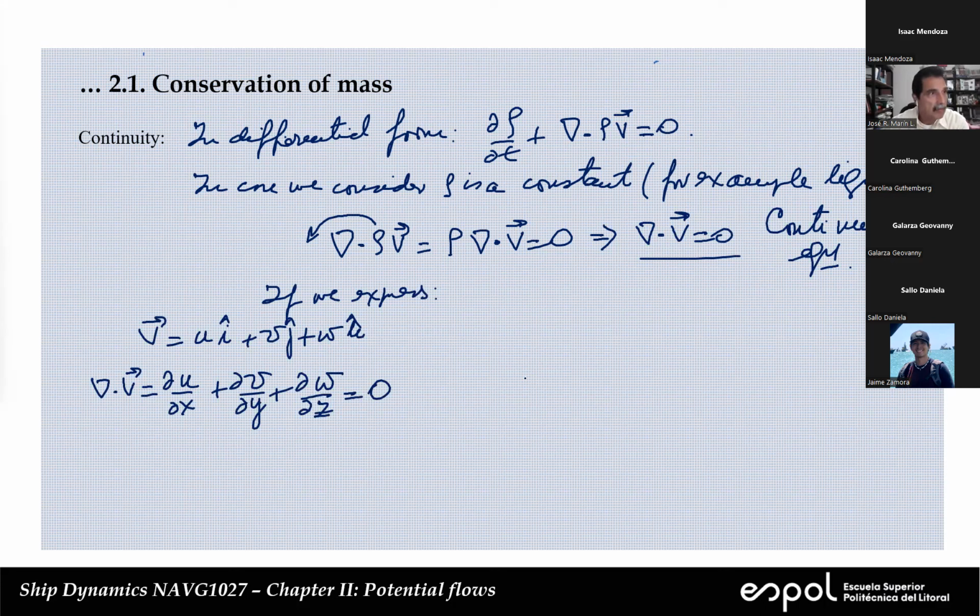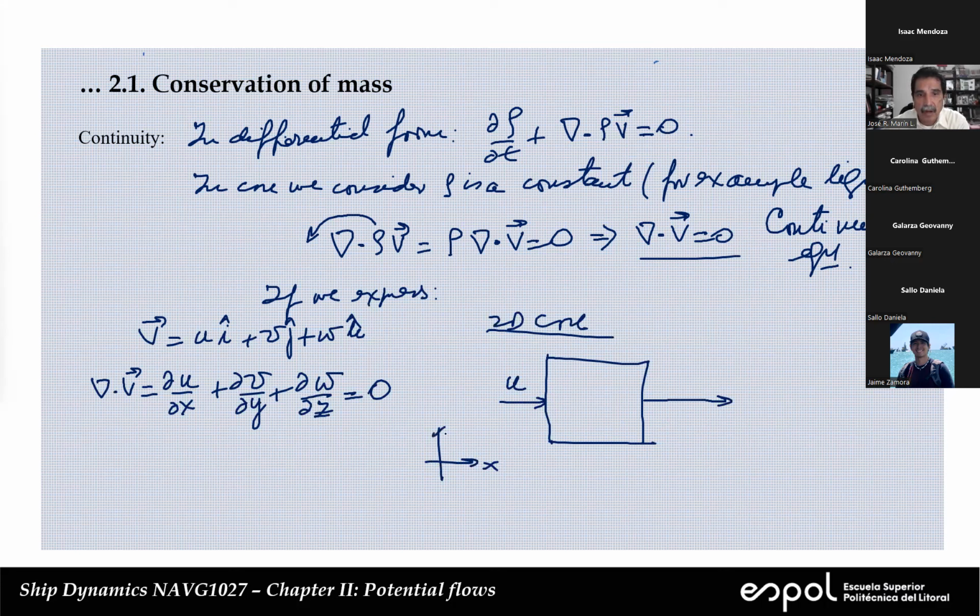So, for example, let's consider a 2D case. Let's suppose I have a velocity here, and we have an increase in velocity. So this is u, and of course, this is x and y.